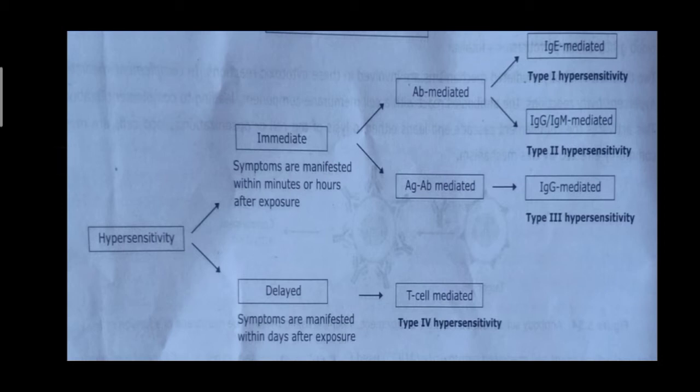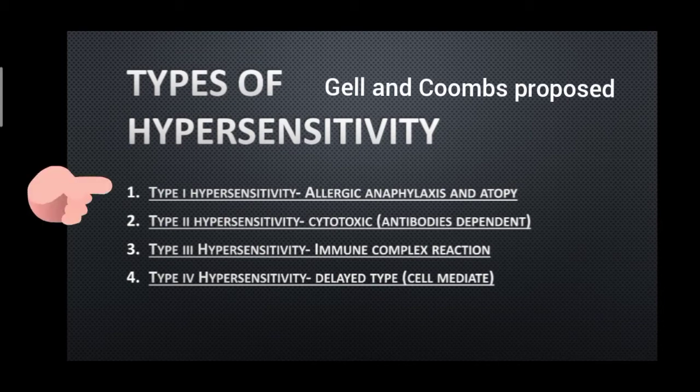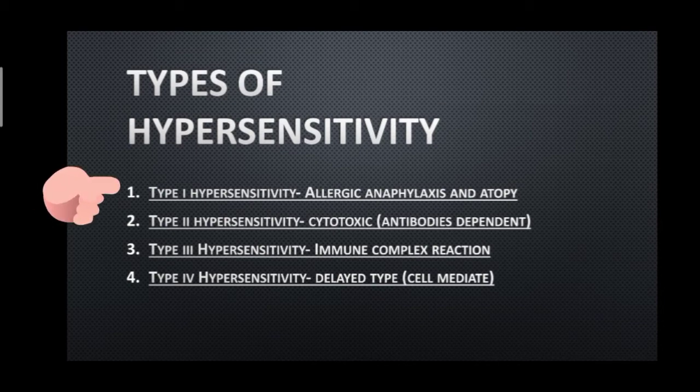Later, Gell and Coombs proposed a classification scheme which defined four types of hypersensitivity reaction. These are the types of hypersensitivity. Type 1 hypersensitivity is also known as anaphylactic type. It means allergic, anaphylaxis and atopy.